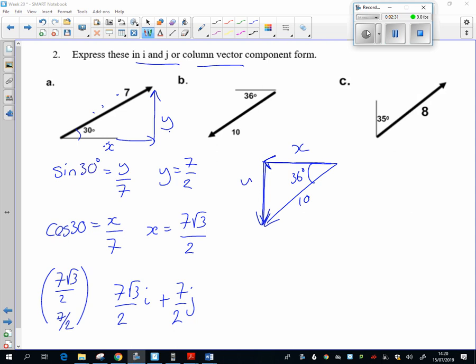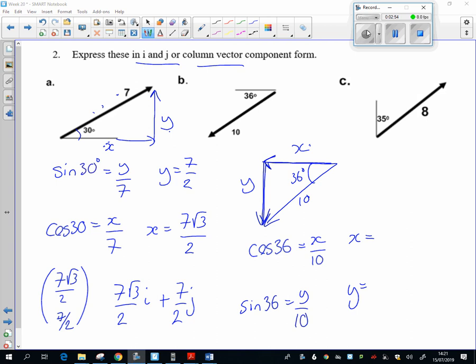So again, let's call that x and y. So x is adjacent again, so cos 36 is adjacent over hypotenuse, sine 36 is opposite over hypotenuse.